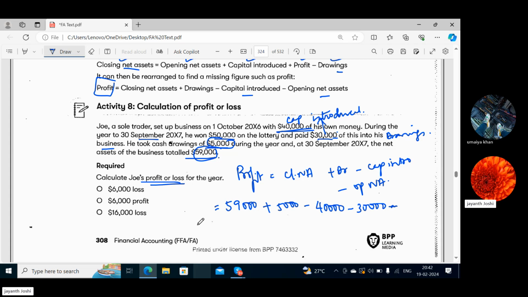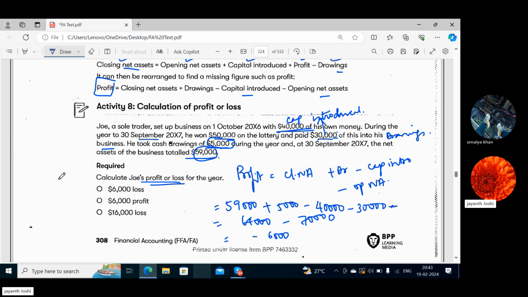So we can find whether it's a profit or loss. 59,000 plus, sorry, 59,000 plus 5,000 is 64,000. 64,000 minus 70,000 makes it minus 6,000.